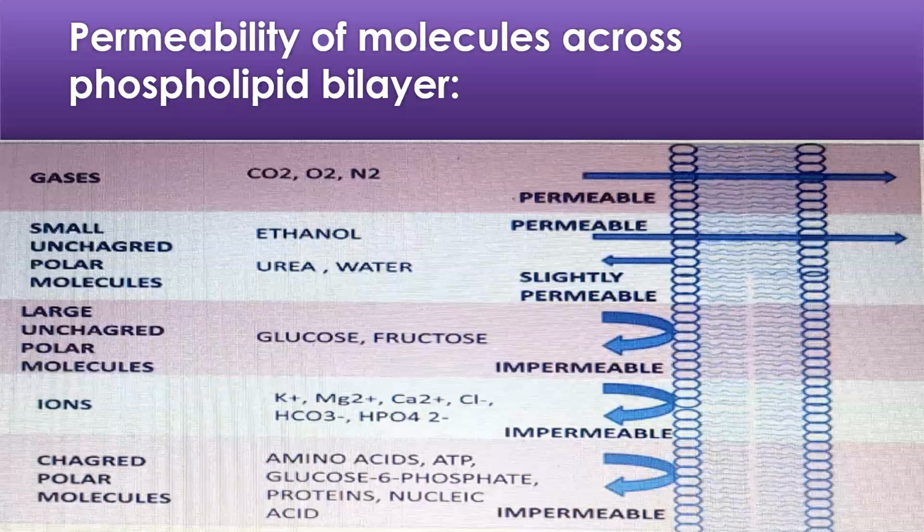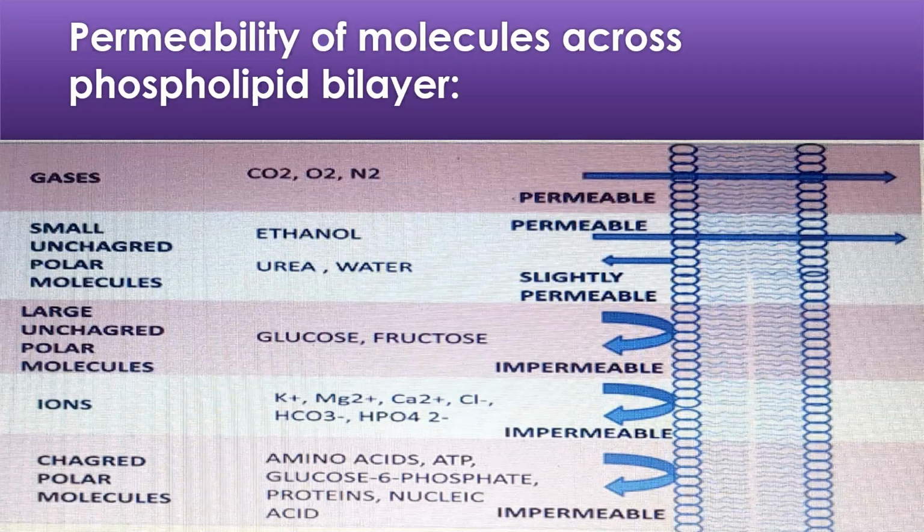We know that our plasma membrane is semi-permeable, as you can see in the diagram. Gases like carbon dioxide and oxygen pass directly through the plasma membrane. Ethanol, a small uncharged polar molecule, can also pass through.